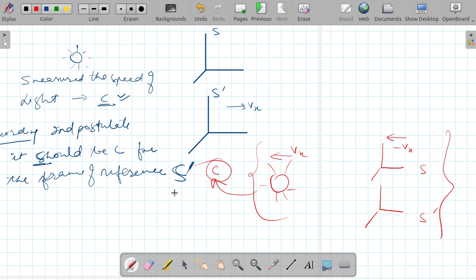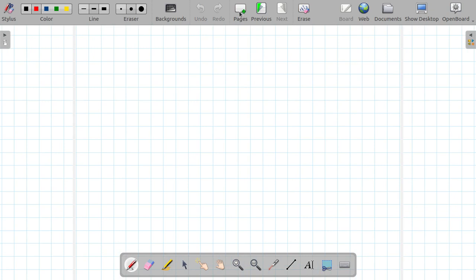Now let us come back to the mathematical description of things, how things can be described mathematically. So what Einstein did, he used the fact that the speed of light is precisely known.